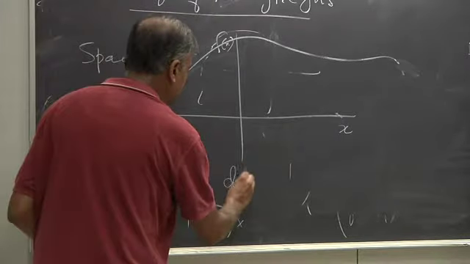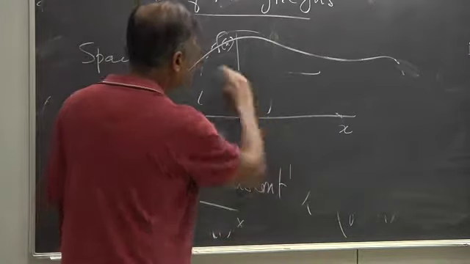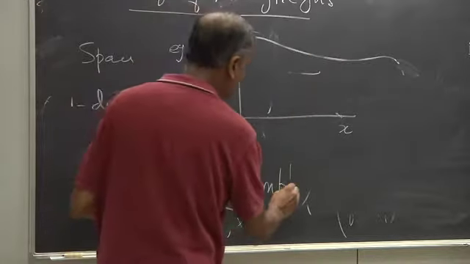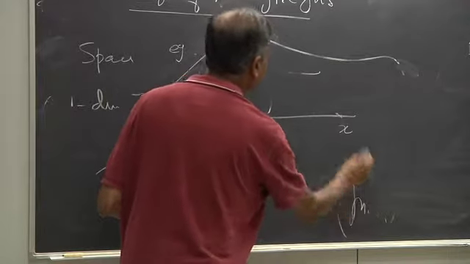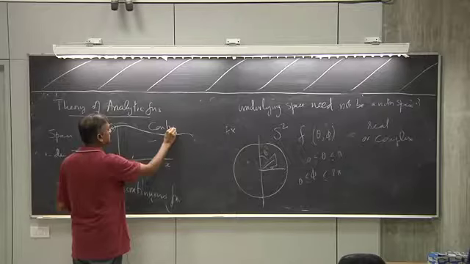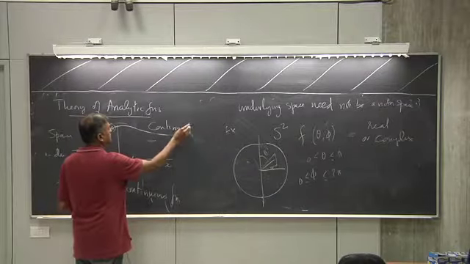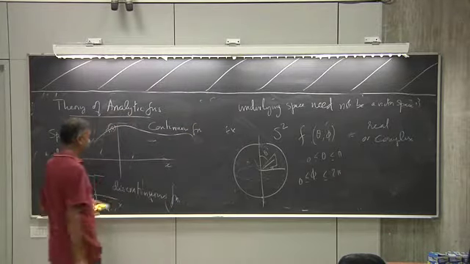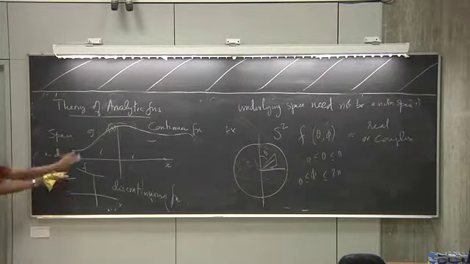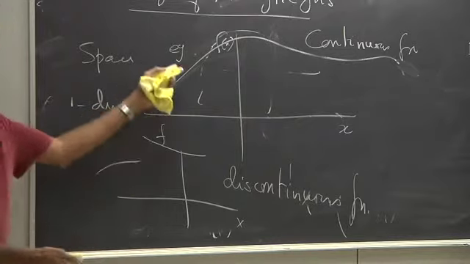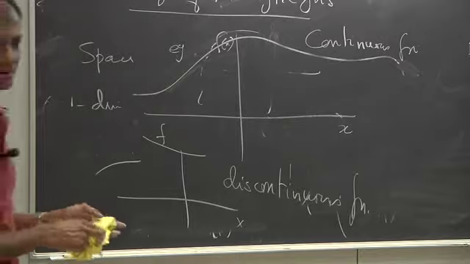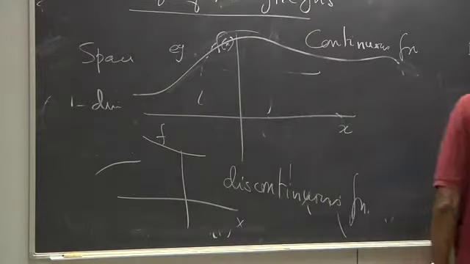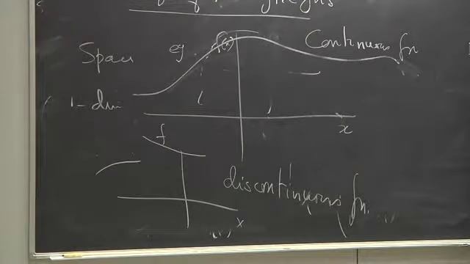What I have drawn here is a continuous function. By looking at it, it's clear. This is discontinuous, that's continuous. But it will be nice to give some mathematical criteria for how you can talk about continuity.